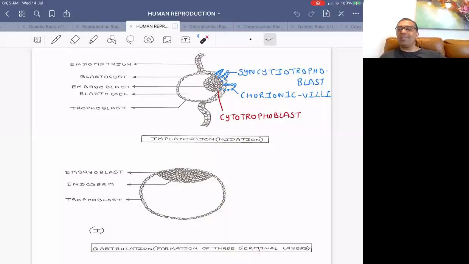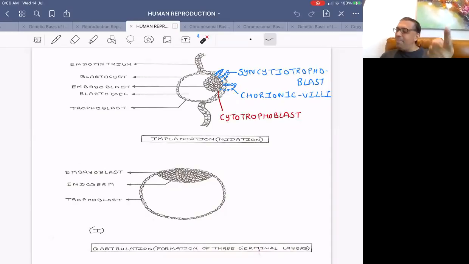Gastrulation is the process in which the three germinal layers form. Three layers, ectoderm, mesoderm and endoderm, are formed, from which the different body parts of the fetus develop, and that process is called gastrulation.